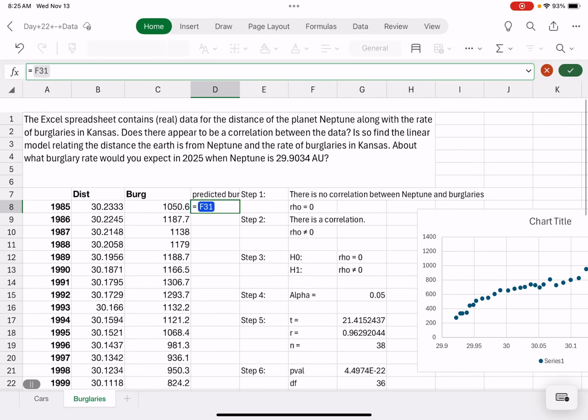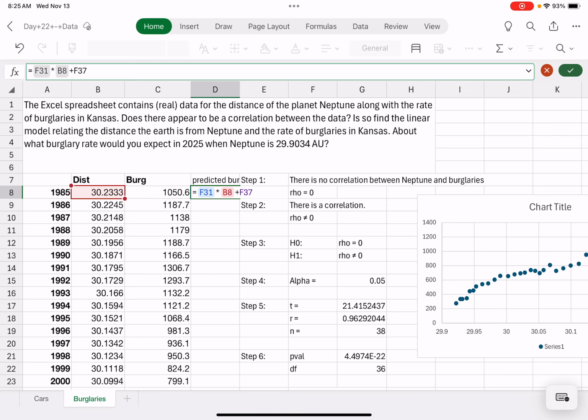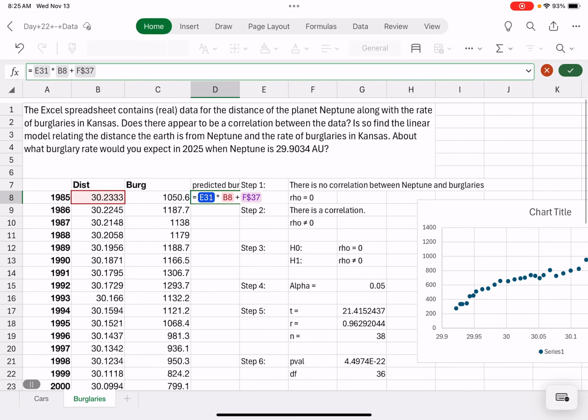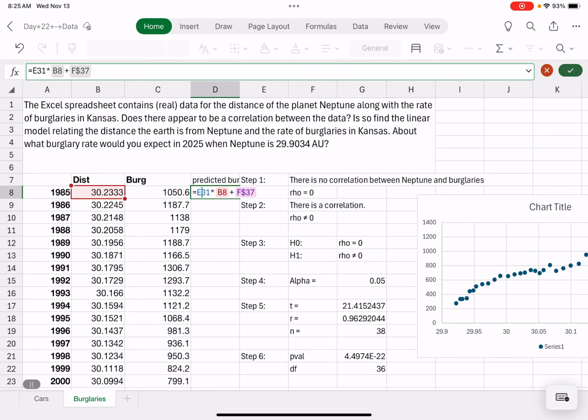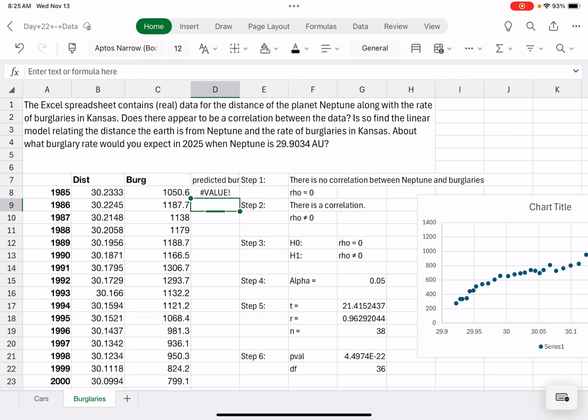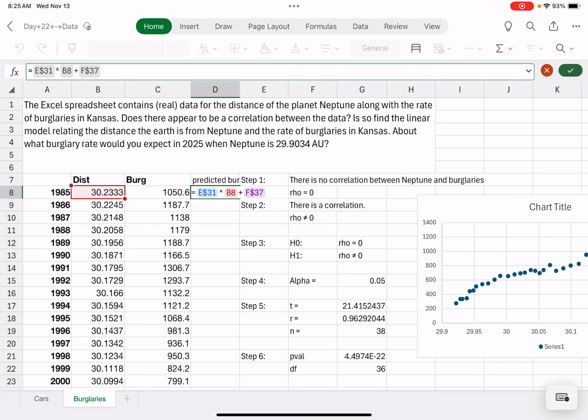And I'm going to put in my dollar signs now. Hold those the same. Okay. There. All right, let's see. Okay, what happened? That looks good.